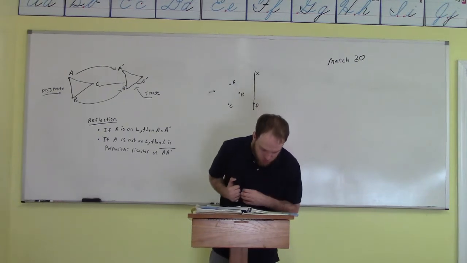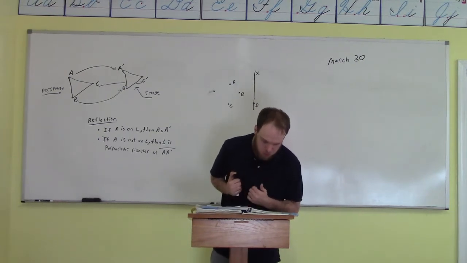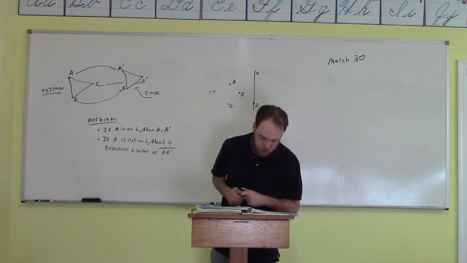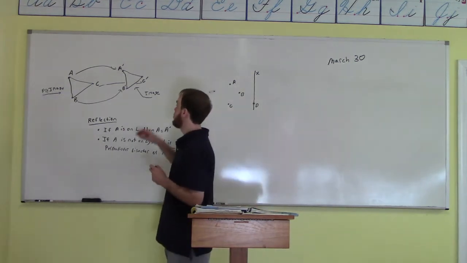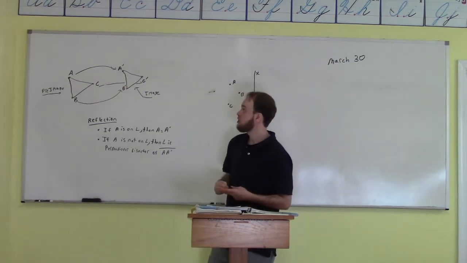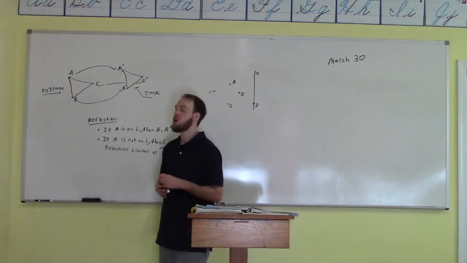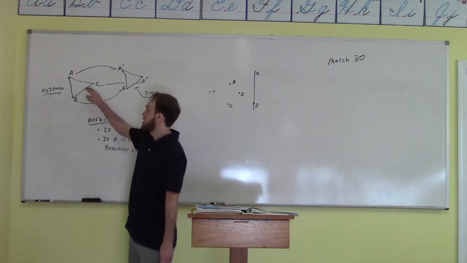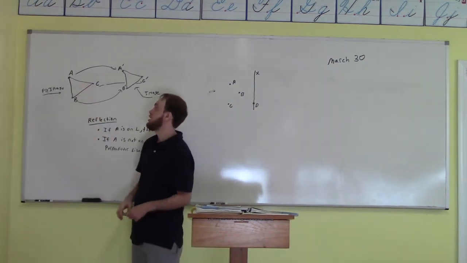It is therefore a correspondence between point locations before and after the change. The geometric figure before a transformation is called the preimage, and the resulting geometric figure after the transformation is called the image. If you look up here in the top left corner, I drew two triangles. The first triangle is the one you start with, so it is identified as the preimage. So triangle ABC is the preimage.